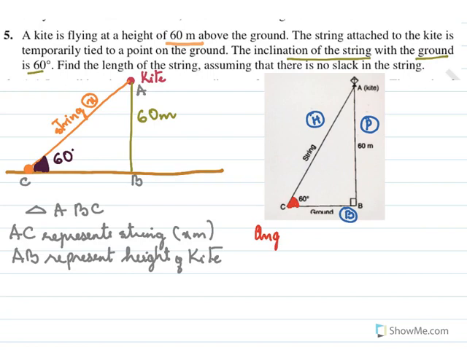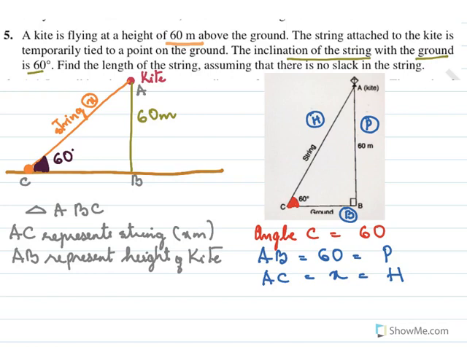Now let's get on to the sum. Angle C equals 60. What is given to us? AB is given as 60, which we know is perpendicular. We need to find AC, which we could put as x, the hypotenuse.